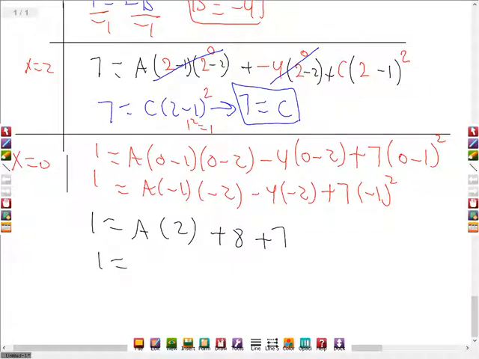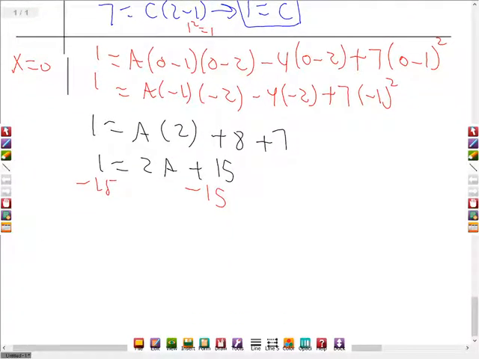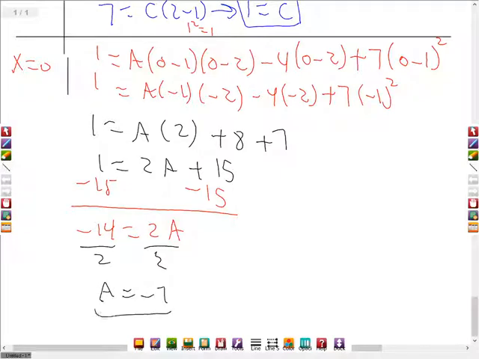Solve this. 1 equals 2A plus 15. Minus 15 from both sides. 2A divided by 2 equals negative 7.